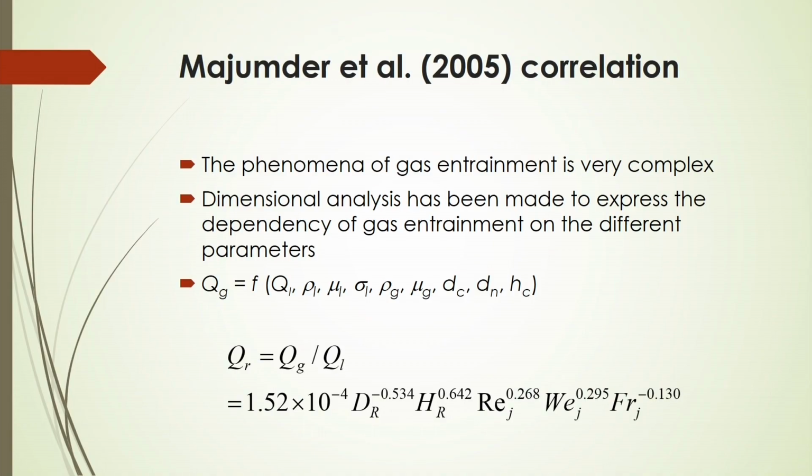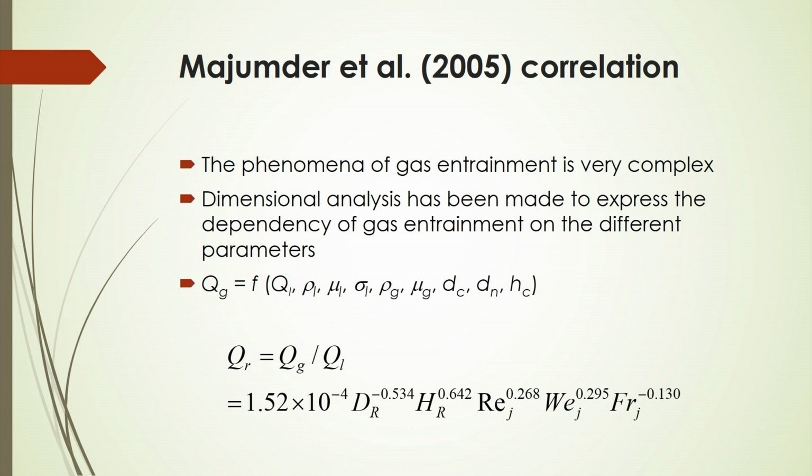Based on these, you have to do the dimensional analysis, either by Rayleigh's method or the Buckingham Pi theorem, to get different dimensionless groups, like QR, that is QG by QL.